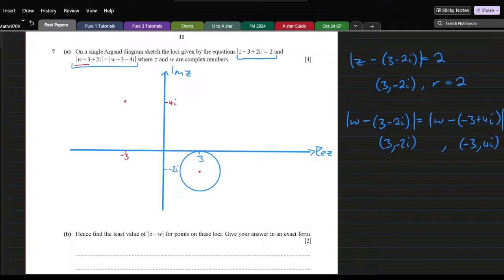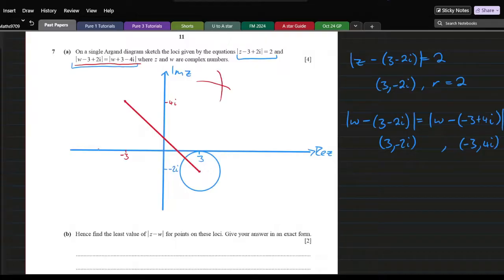And so this equation means that we want the perpendicular bisector of the line that joins these 2 points, right? So let's join our 2 points, right? And what we want is the perpendicular bisector of this line. So to get that bisector, you'd have to use your compass and draw your construction arcs.